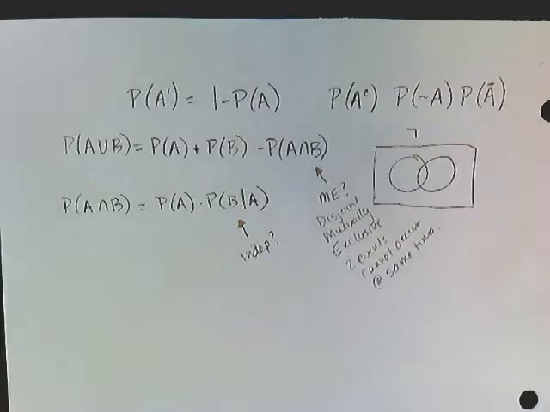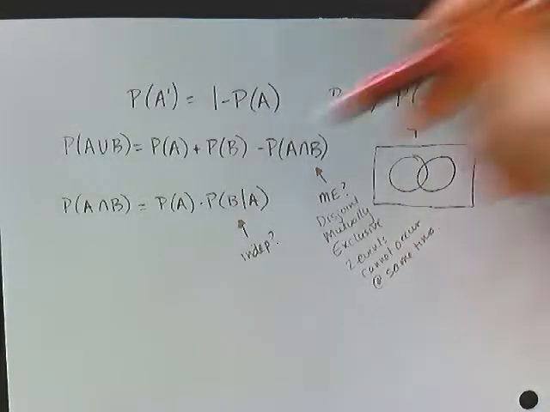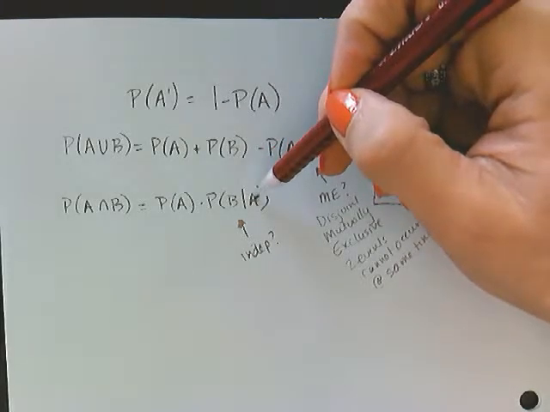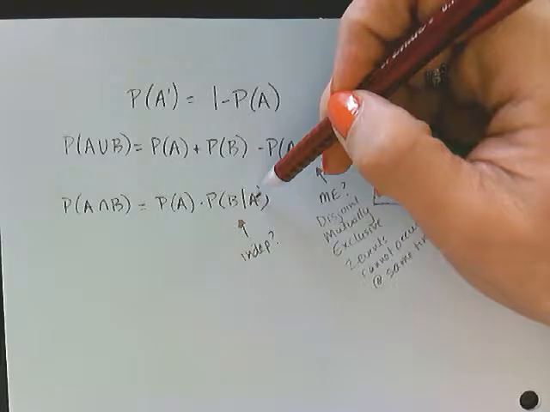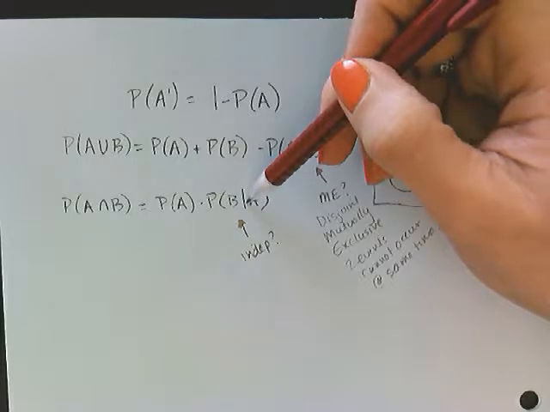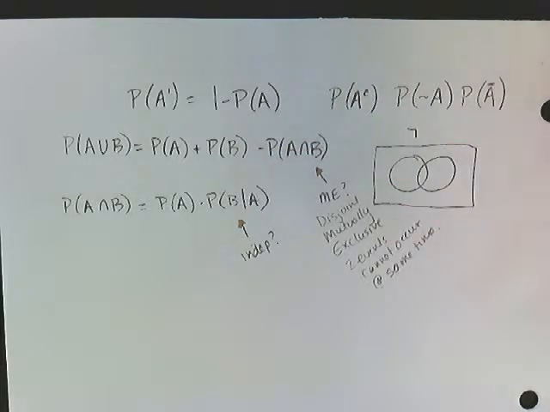So this is the grandma's candy situation. And this probability of B given A, if A doesn't matter, if A happening didn't change the probability of B happening, then you get to just straight multiply A times B.